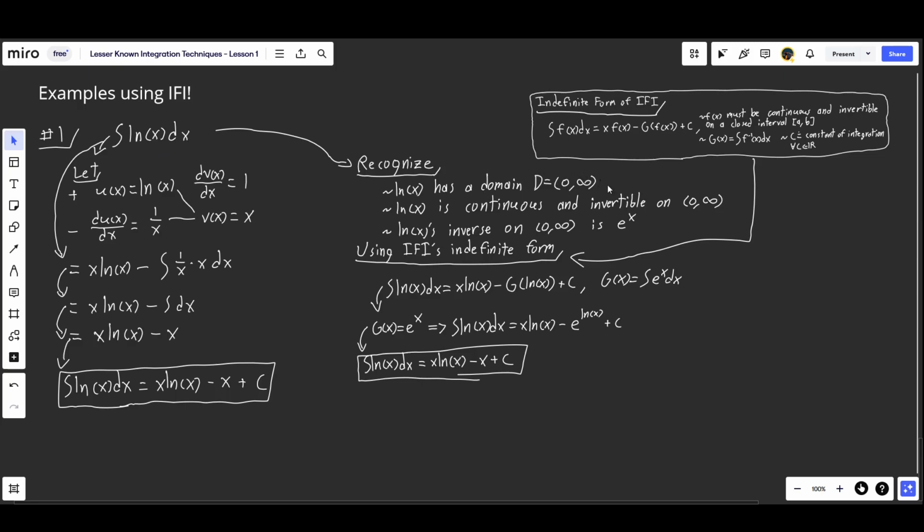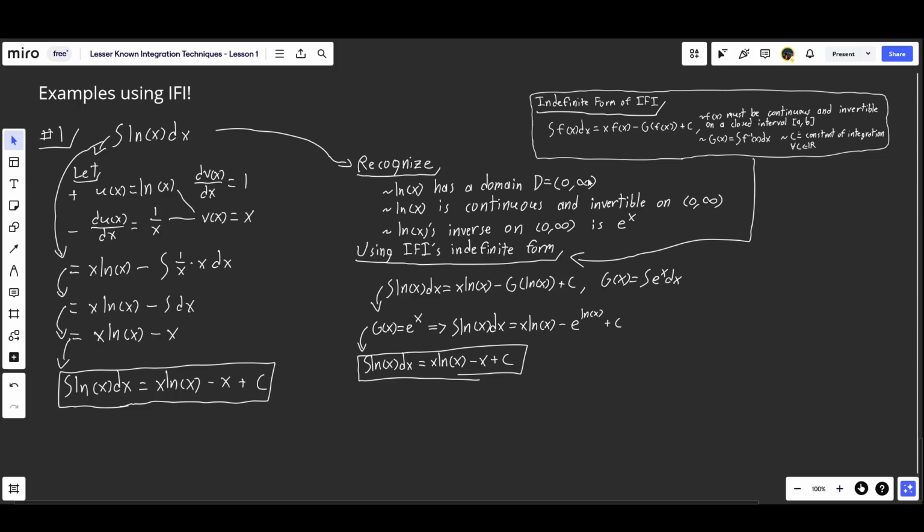It's continuous and invertible on this domain, and its inverse on this domain is e to the power of x. Now, you might notice that this is not a closed interval, but that doesn't actually matter too much for using inverse function integration, because we could restrict this to a subinterval inside this interval and make this subinterval a closed interval.